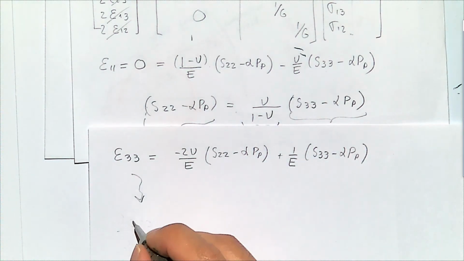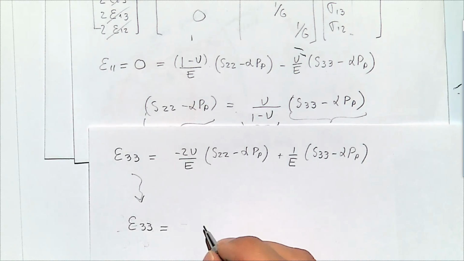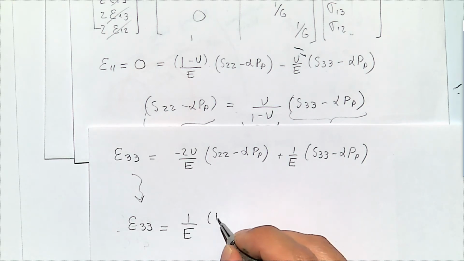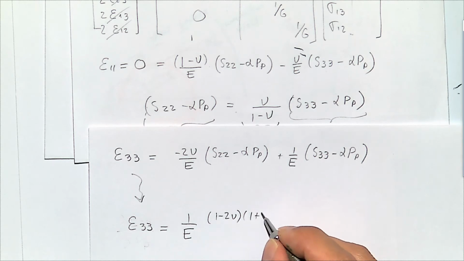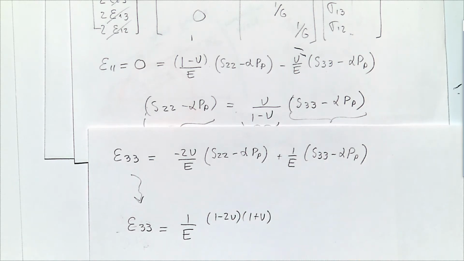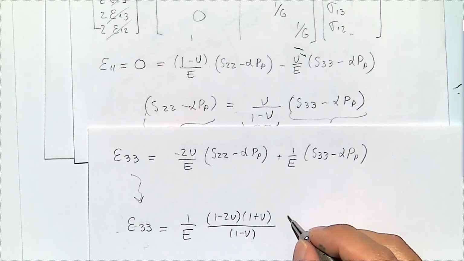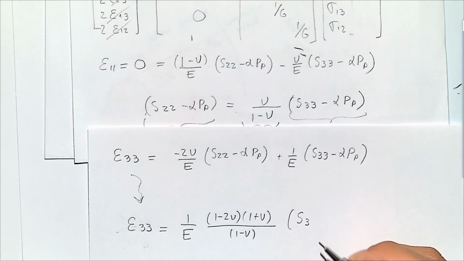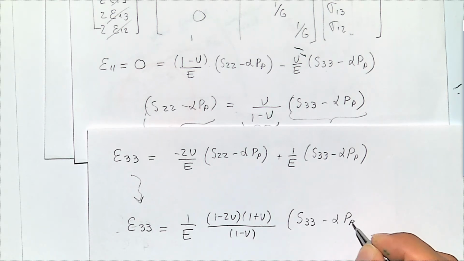Okay, epsilon 33 is going to be equal to 1 over E times (1 minus 2 Poisson ratio)(1 plus Poisson ratio) over (1 minus Poisson ratio), times S33 minus alpha pp.